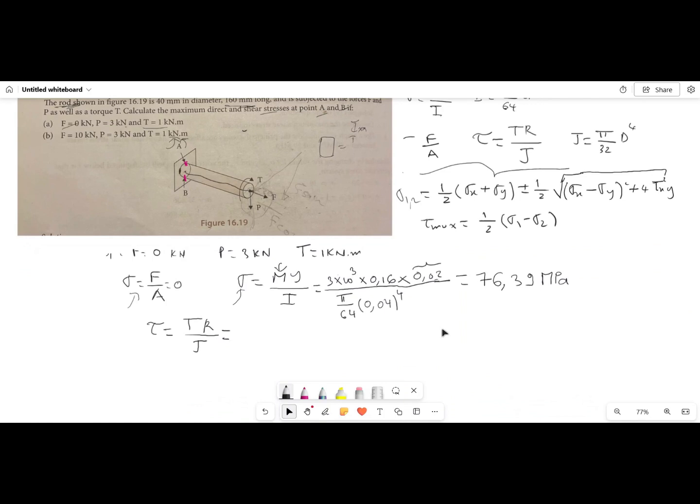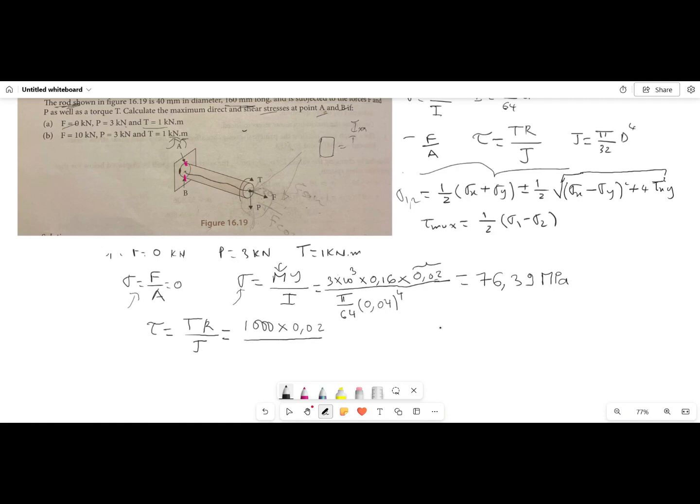Now, what is torque? Torque is 1 kilonewton, and kilonewton to Newton is 1000. I guess we're good with conversion. What is R? R also simply stands for the radius, so 0.02. What is J?